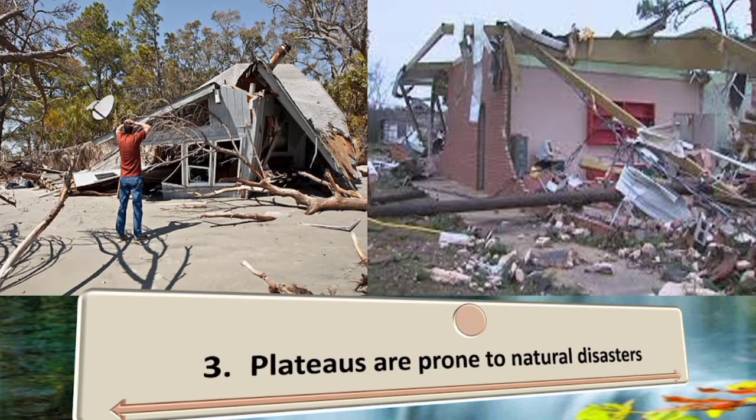Areas where we have plateau are usually prone to such, because eruption can take place at any given time. Looking at the picture on your screen, you see a man holding his head because of the natural disaster that has occurred to him, thereby destroying his building.